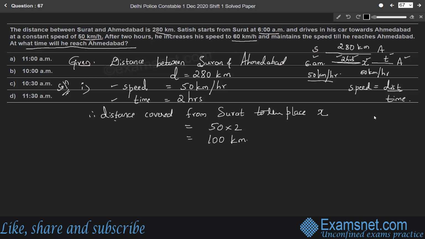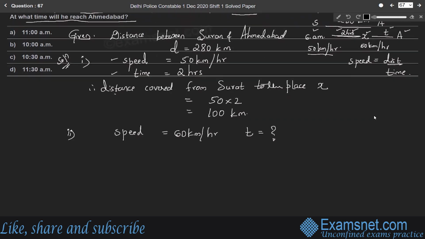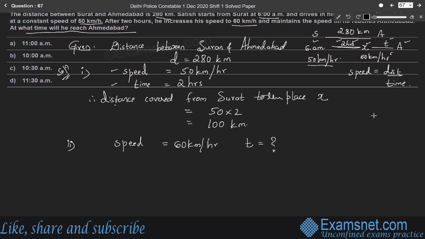So in the second part of the journey, his speed was 60 kilometers per hour, and we have to calculate the time. Distance is given indirectly. Already covered distance is 100 kilometers and the total distance is 280 kilometers.